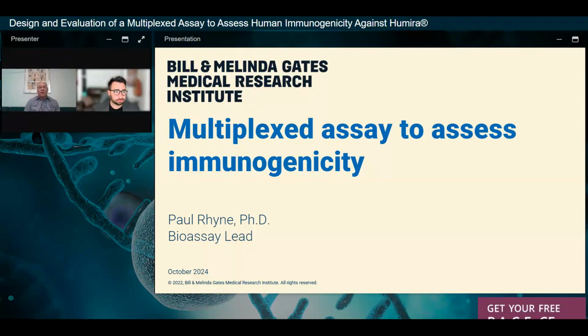We're hoping that others would see what we've done, and to show you that you're not just limited to a colorimetric ELISA, and you're not limited to MSD. You can do these assays on other platforms, and there is a way to multiplex them and conserve sample at the same time. So that was our main goal here.